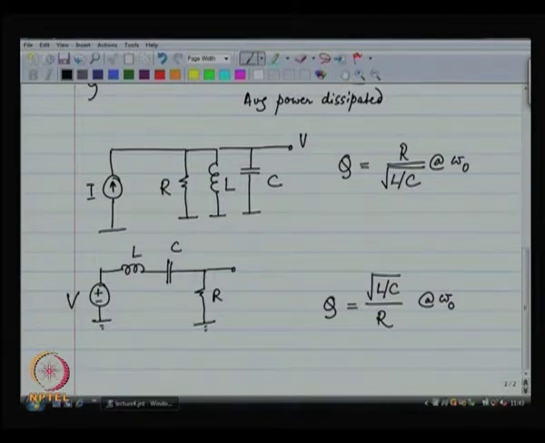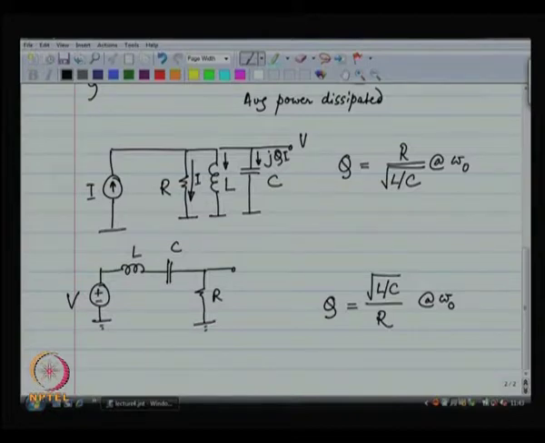We also observed that at resonance, the current going through the resistor is I, and the currents going through the inductor and the capacitor, one was j times Q I, the other was minus j times Q I. I do not remember which is which.